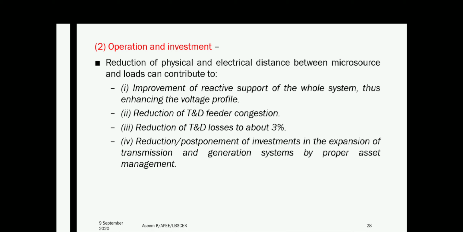And also T&D feeder congestion can be reduced, because if all the customers depend upon the same transmission line, there will be congestion. But in case of distributed energy resources, the microgrid is a separate entity, so the load associated with a particular area, or a small locality, is only connected to the particular microgrid, so that the feeder congestion can be reduced.